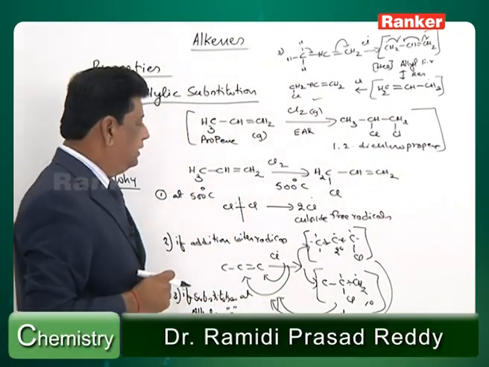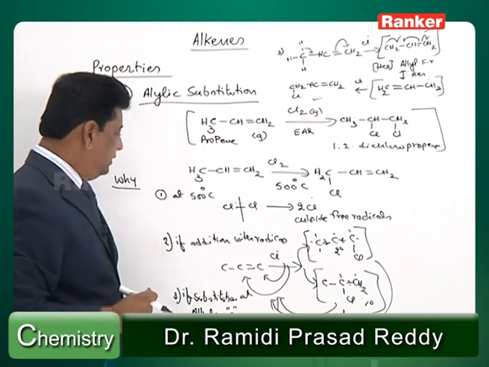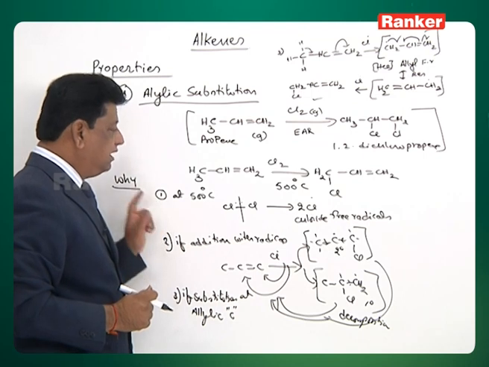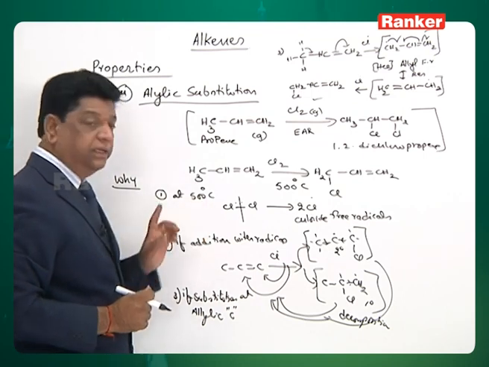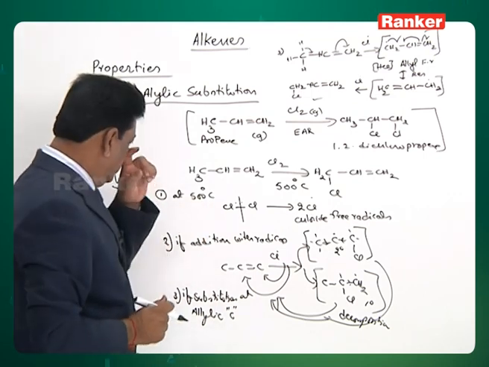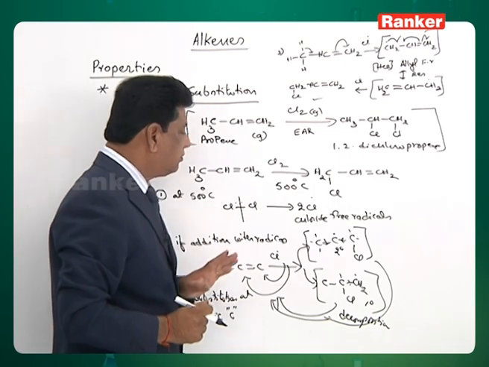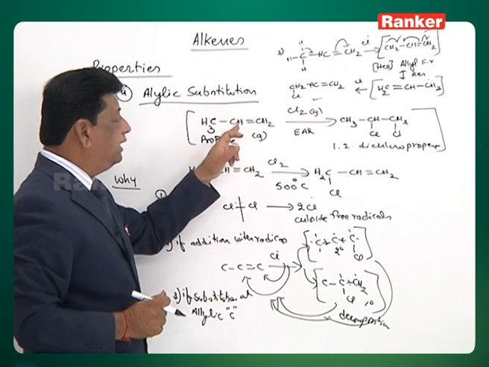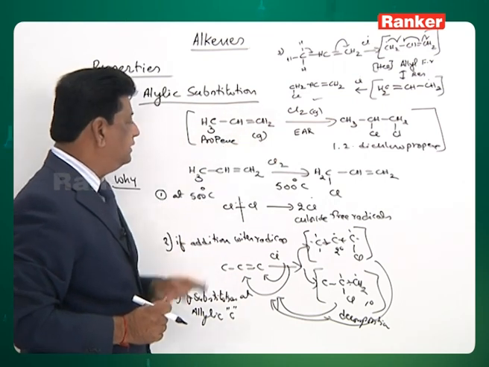So why does substitution take place, why not addition? We are giving a 3-level answer. First level: at high temperature, chlorine breaks into free radical and free radical. You cannot have a Cl plus and Cl minus, which was there in the ordinary reaction at room temperature.